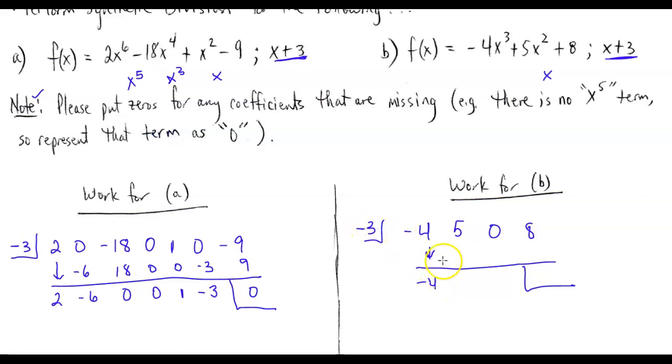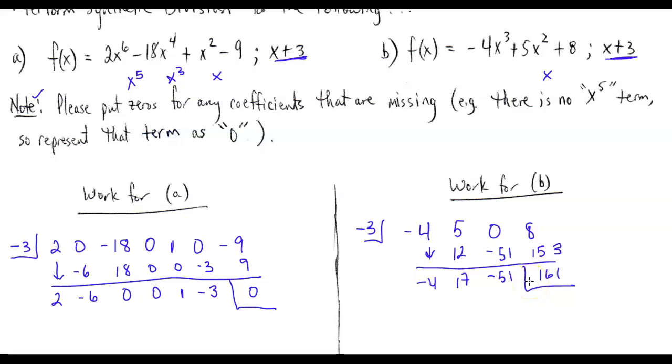So -3 times -4, +12, add. -3 times +17 is going to be a -51, and then we add. And then -3 times a -51, that would end up giving us +153, and then we add.